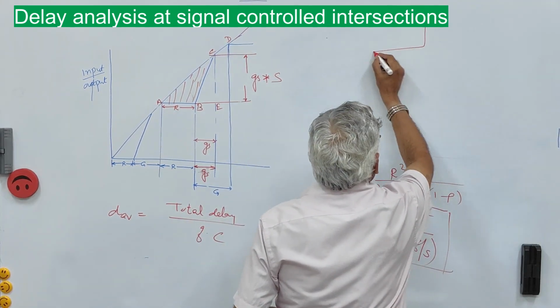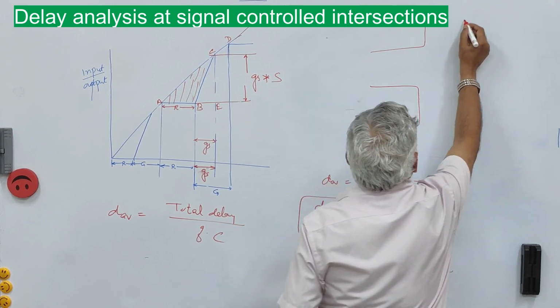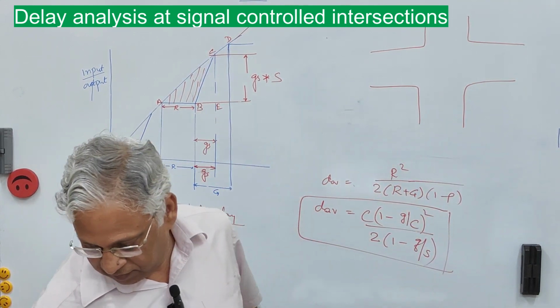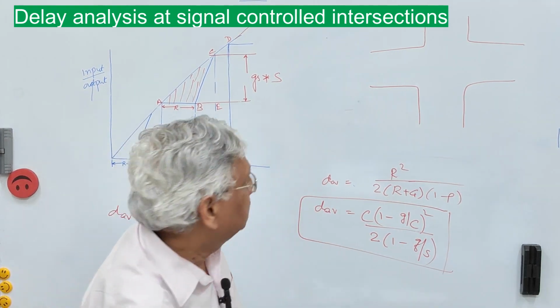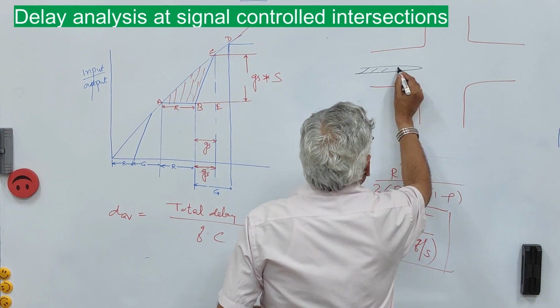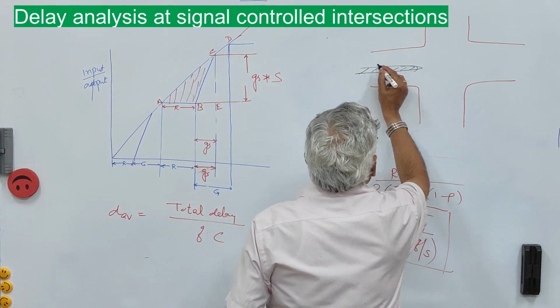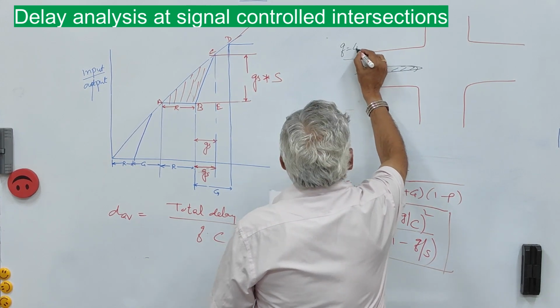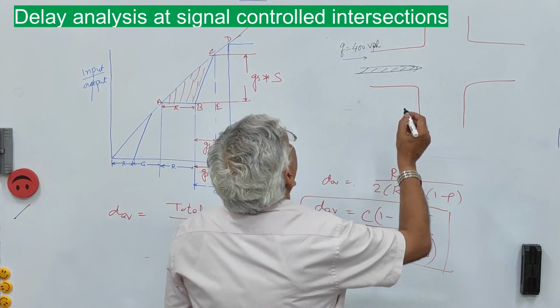Let us take one example. You have an approach to an intersection, and vehicles are arriving at a uniform rate of, let us say, Q equal to 400 vehicles per hour.